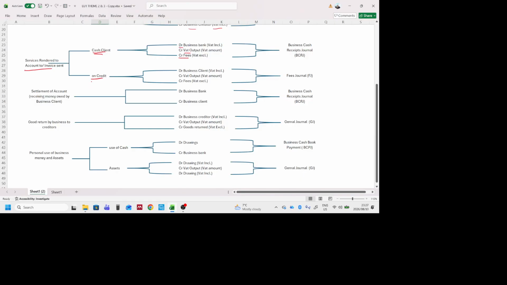Where you're going to render a service to a customer on credit, this means that you'll come across a transaction where we render a service to a customer, but we're not going to charge them immediately. We're going to create a debt in our records to indicate that this customer owes us, because we have trust in this customer that he will not run away with the money that he owes us, either because he already gave us a retainer, or maybe he already gave us money a long way back.